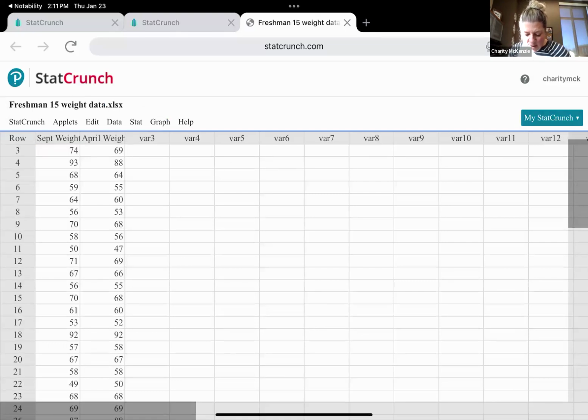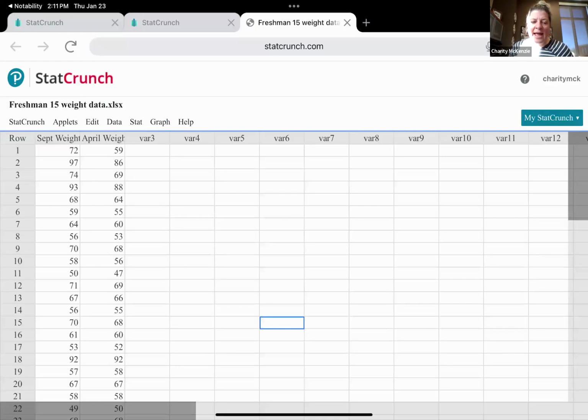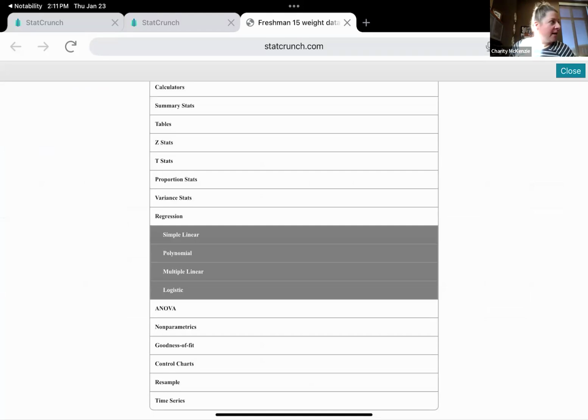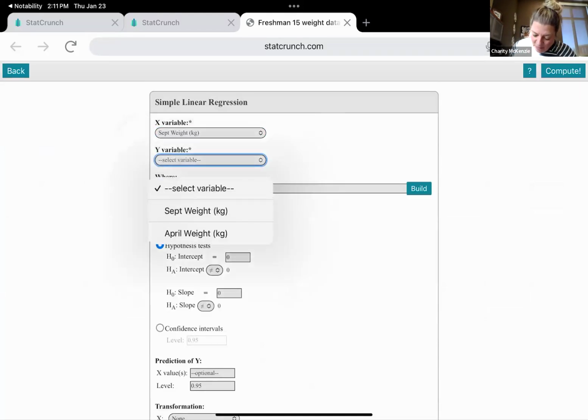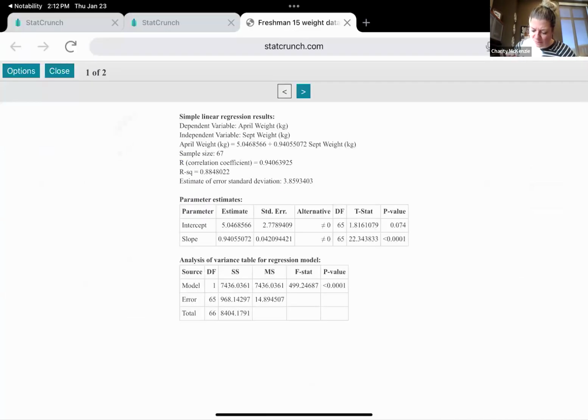And this is going to be our weights from September to April. Where do I go to get everything, the scatter plot, the regression equation, and the correlation coefficient? I'm going to go to stat, regression, simple linear. Then I'm going to say my X values and my Y values and just push compute for now.